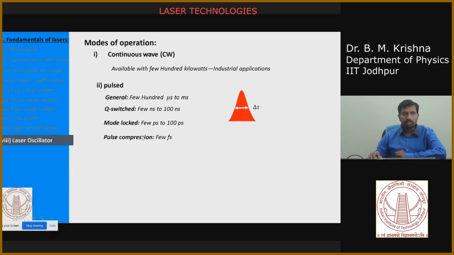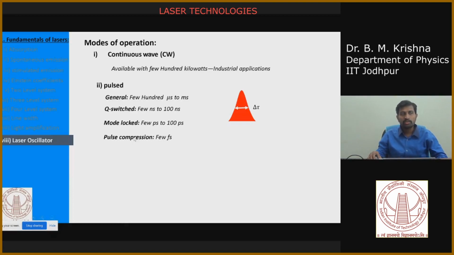Now there is a technique, for which last year, in 2018, the scientists received the Nobel Prize. It is called the pulse compression technique.